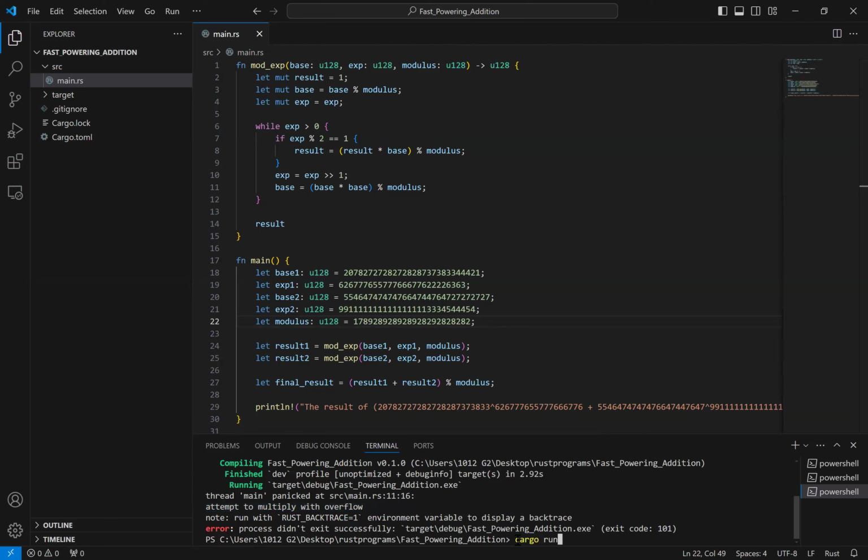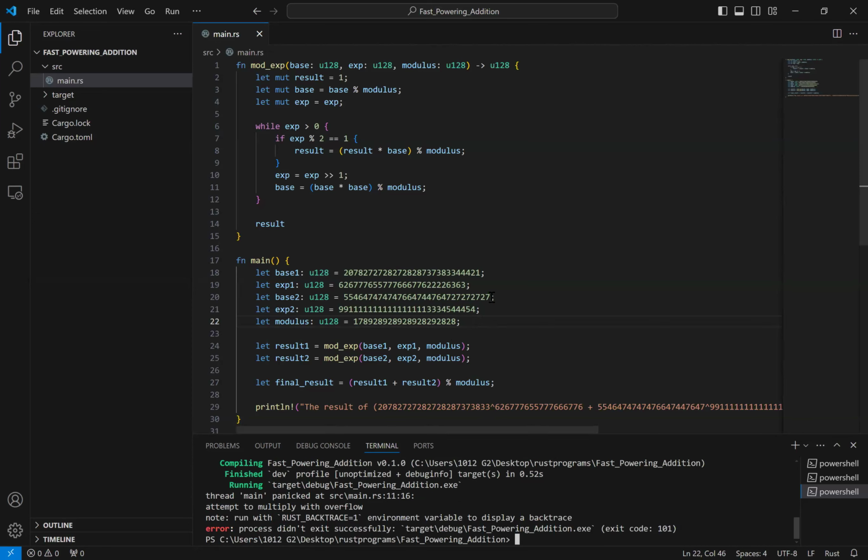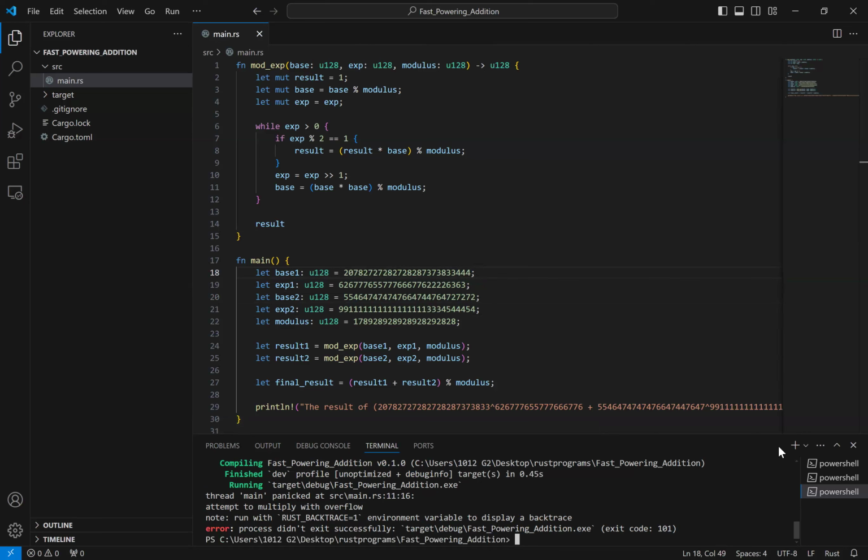I've reduced the modulus a bit. I want to run the same thing again. Let me reduce the modulus a bit more and try to run. It still will not run. Let me reduce this a bit, reduce this a bit, and run. Still will not run.